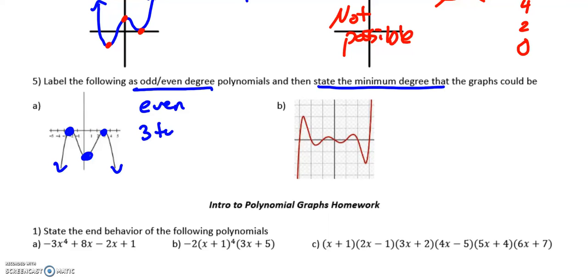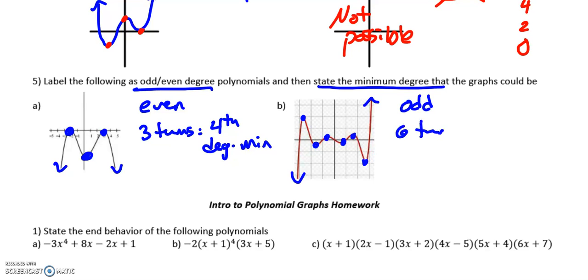So if I have 3 turns, that equates to a 4th degree minimum, because the maximum number of turns, 3, is 1 less than the degree. Same idea here. I have down up, I have opposite end behavior, so it's an odd degree polynomial. And since there are 1, 2, 3, 4, 5, 6 turns, I have a minimum of a 7th degree polynomial.